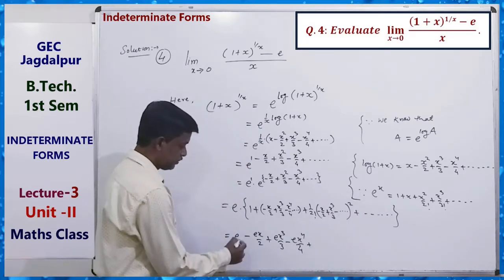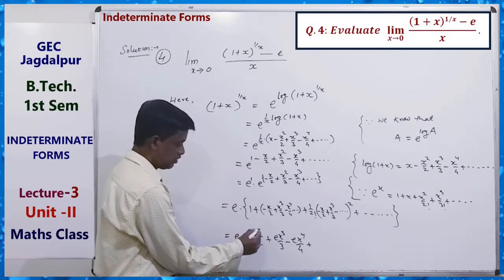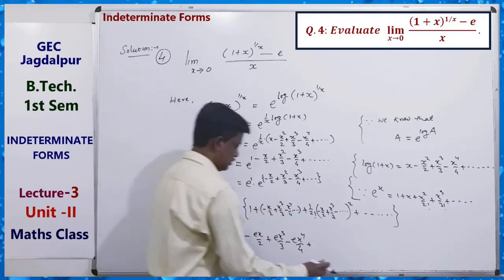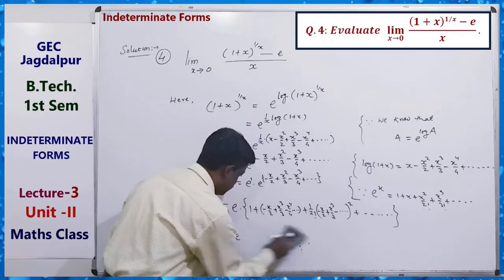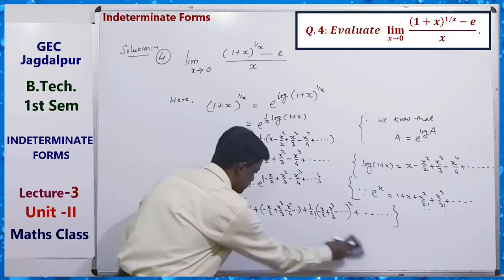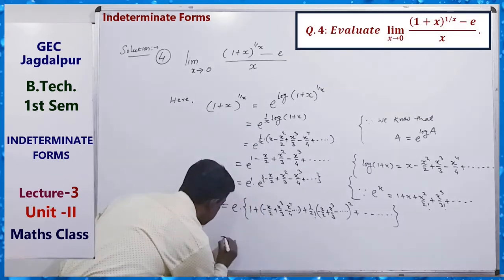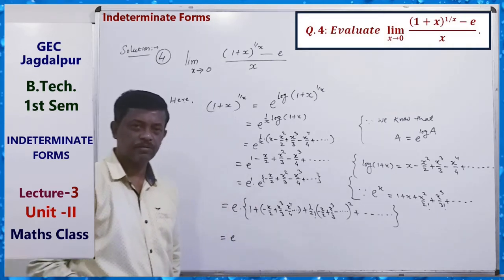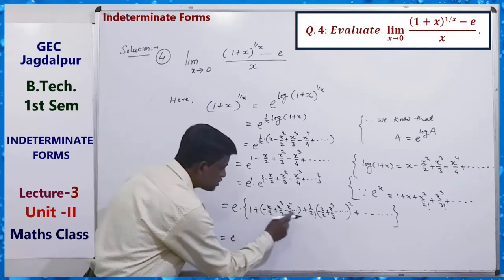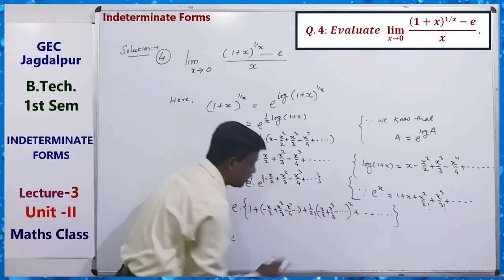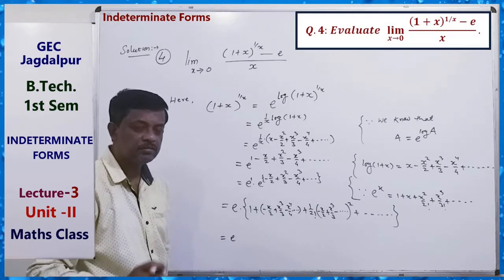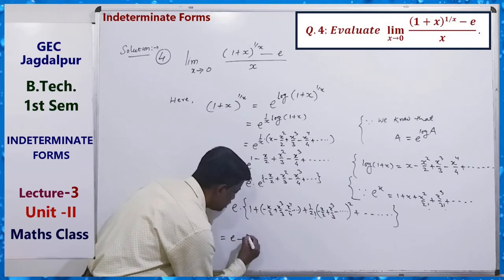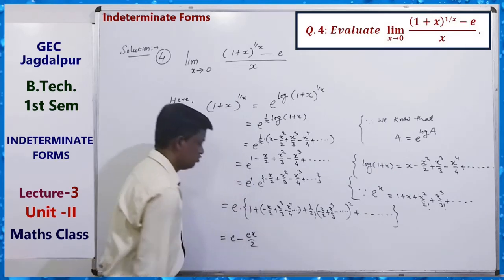Let me write only 2 or 3 terms here. First e; then the x term, only a single x, so minus e x by 2.